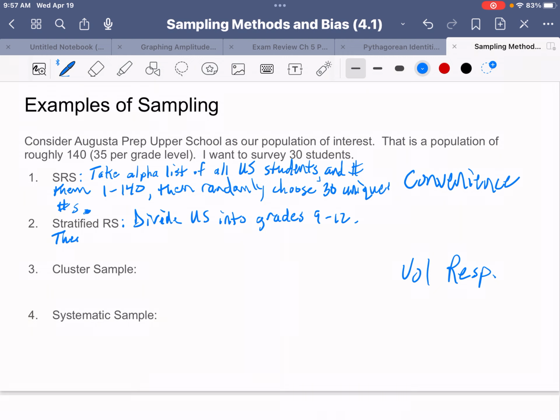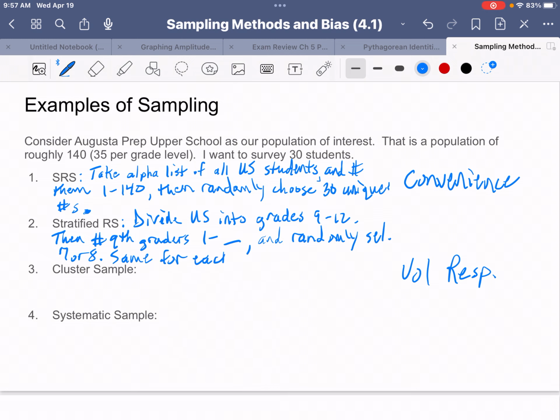Then number the 9th graders, 1 through whatever, and use technology to randomly select 7 or 8 and do the same for each grade level.